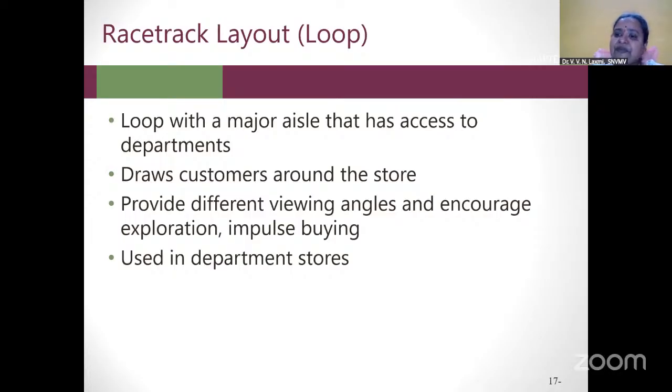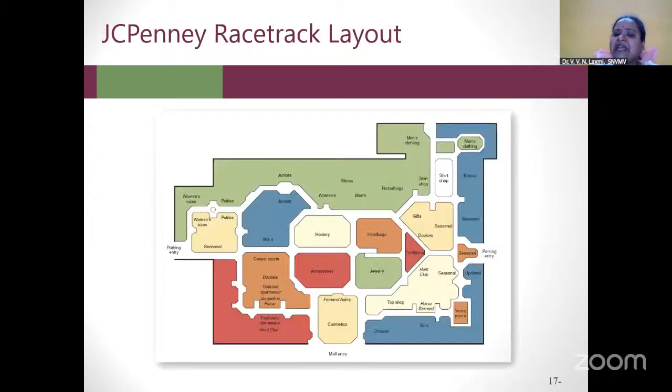And this will support the customers to move around the store, and it provides different angles of viewership to the potential customers, and it motivates a lot of impulse buying. So it can be used in those large stores, which we call hypermarkets or departmental stores, where you could find various categories of products displayed.